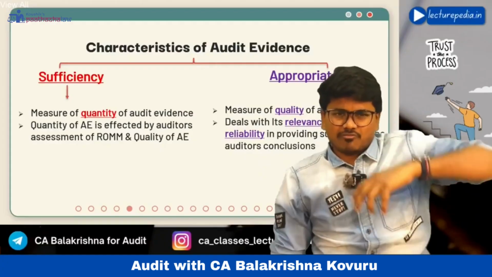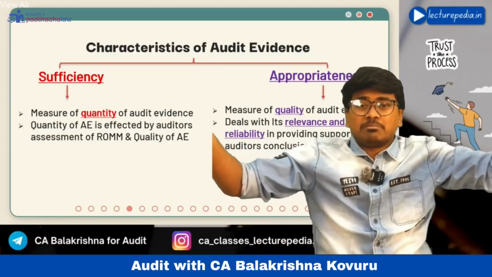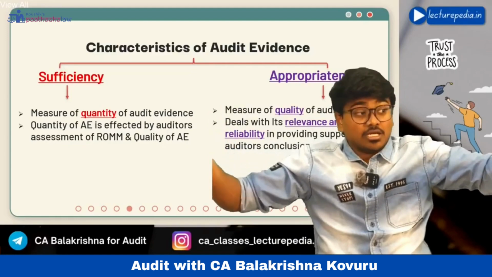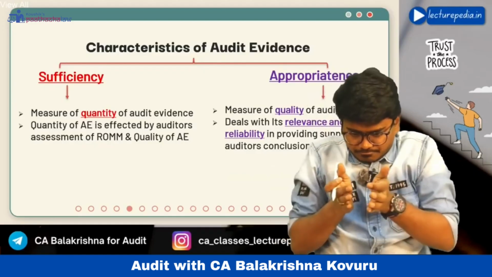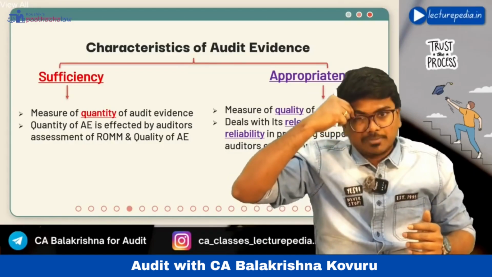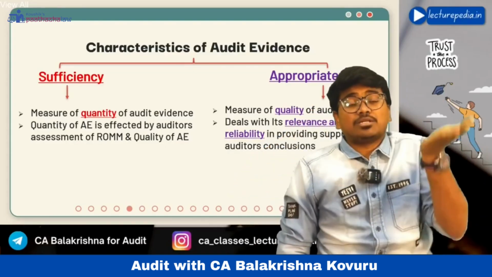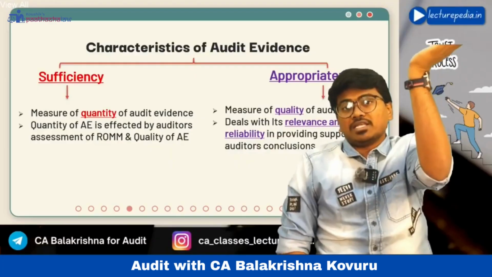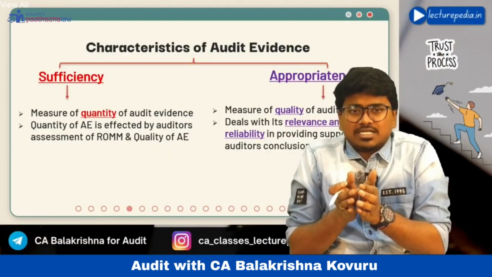If the risk of material misstatement is very high, then a larger amount of audit evidence has to be obtained. If the risk of material misstatement is very low, then a small amount of audit evidence has to be obtained, right? If the quality of audit evidence is high, then low quantity is sufficient.